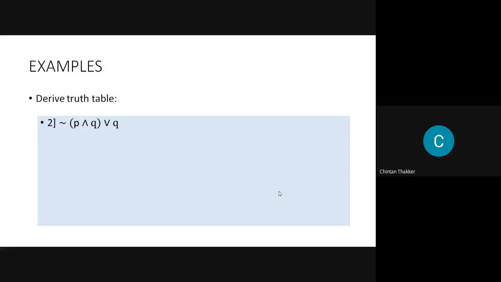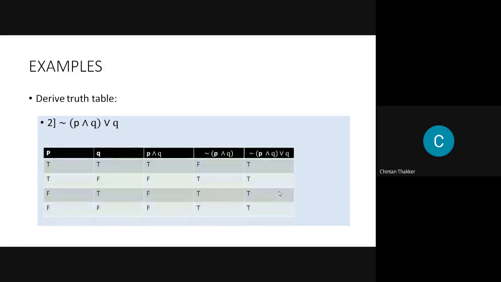Yes, good. All are true. Okay. See here, this statement is false, but Q is true, and we have the OR operator. So when we have true, then the whole statement is true.